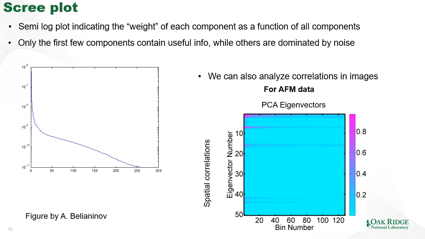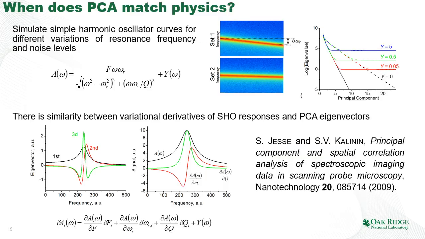And this capability to select very weak spatially correlated signals from much stronger non-spatially correlated noise or random signal is something that makes principal component analysis very, very valuable.